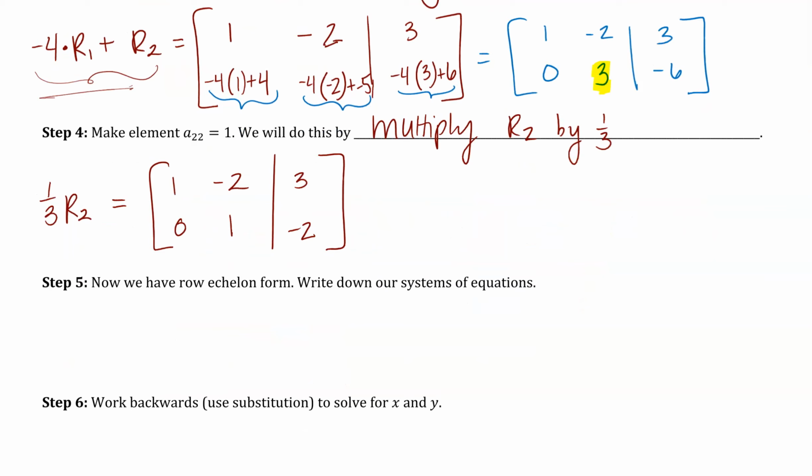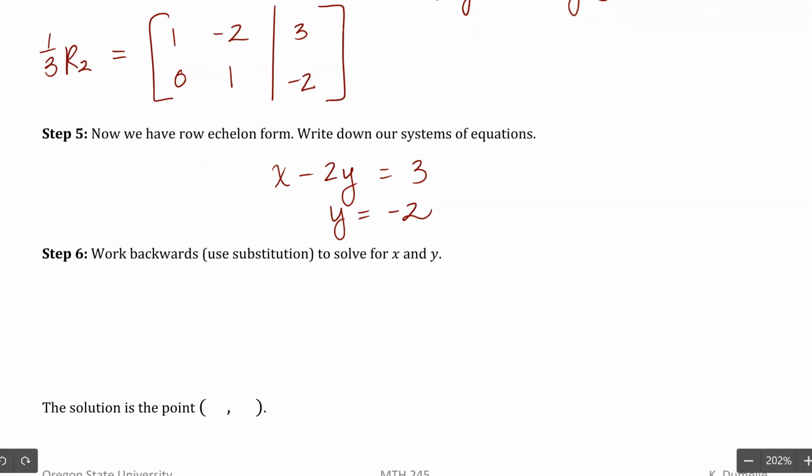Now we have our row echelon form. We can write down what our system of equations is: x minus 2y equals 3, and y equals -2. Now we can use these equations, work backwards, and solve our system.